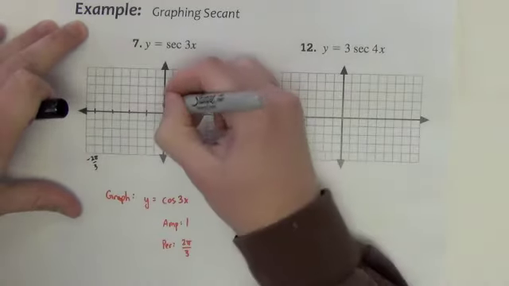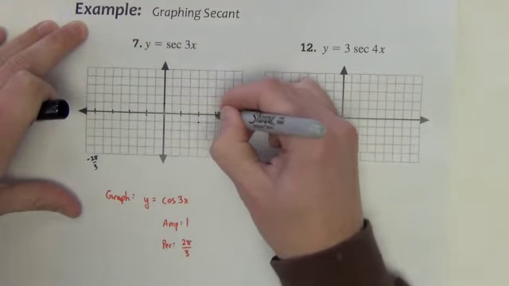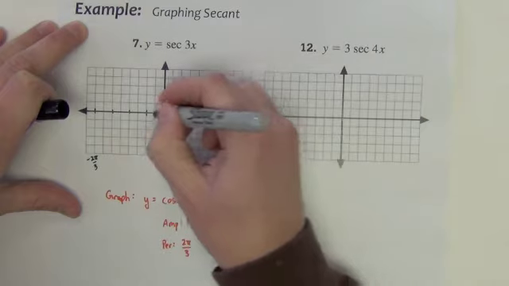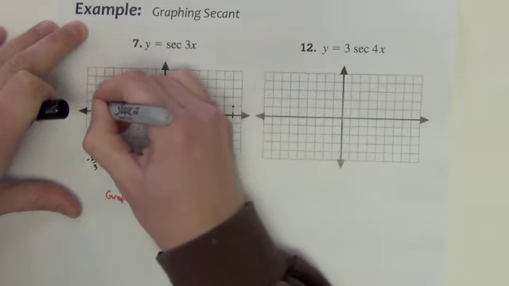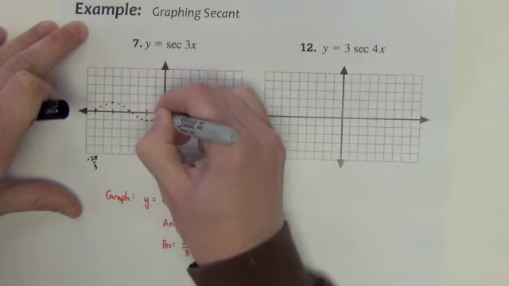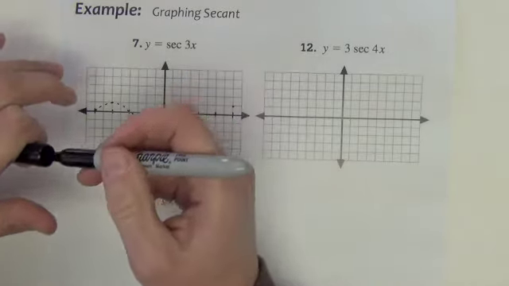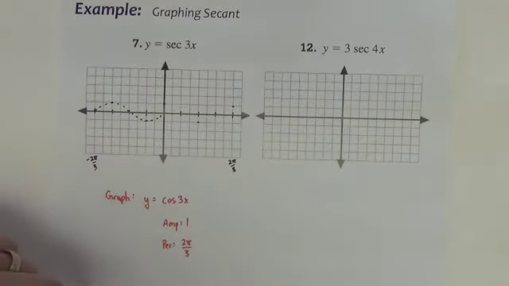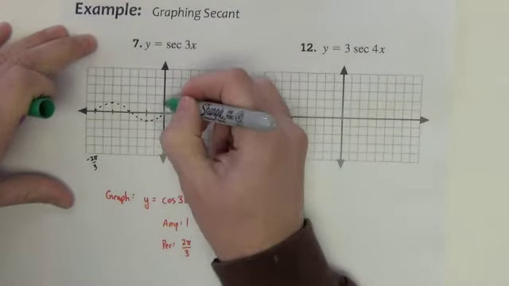It's cosine, so it starts off the origin, has an amp of 1, so 1 unit above and below. Whoops, I missed it. Let's back that up and let's use a different color here.